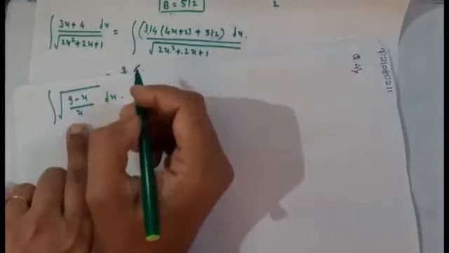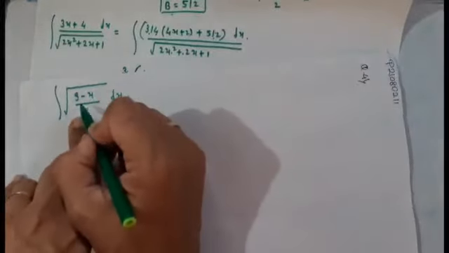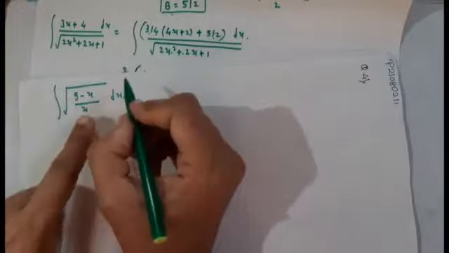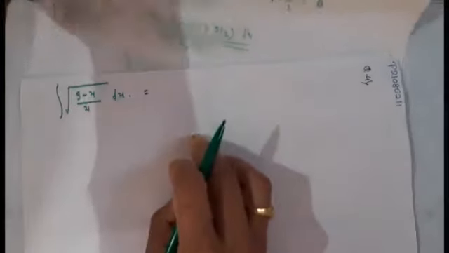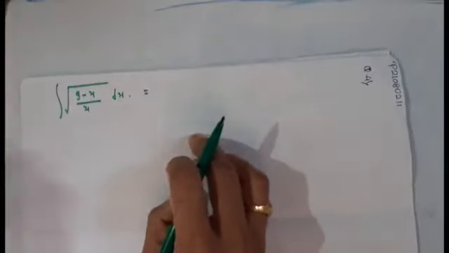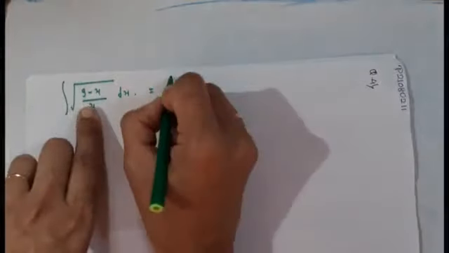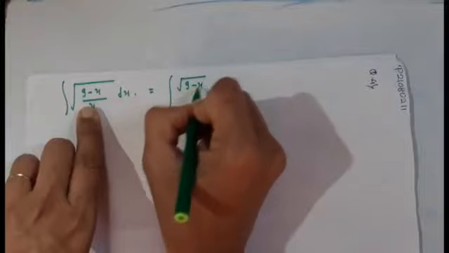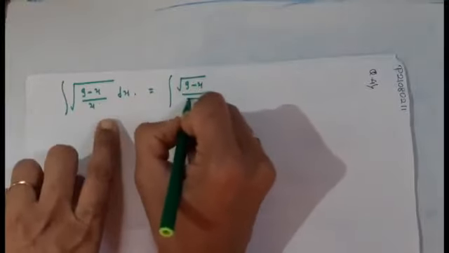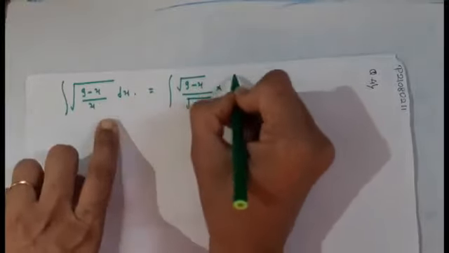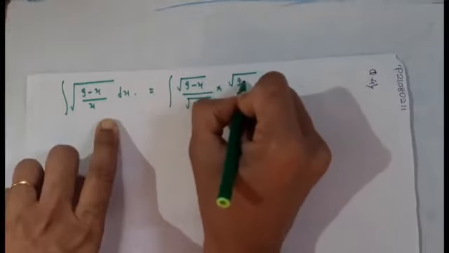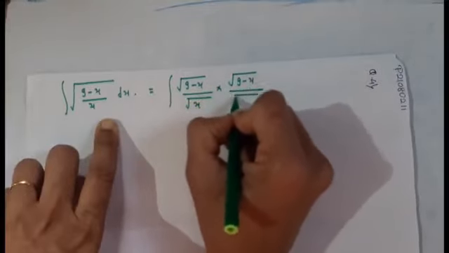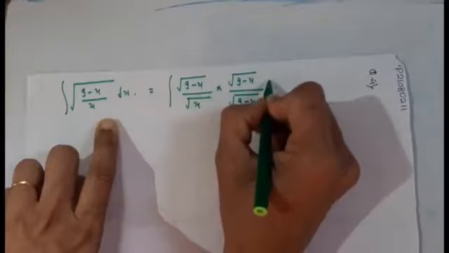Okay students, to simplify the problem, let us multiply numerator and denominator by square root of 9 minus x. We will get square root of 9 minus x upon square root of x into square root of 9 minus x upon square root of 9 minus x.